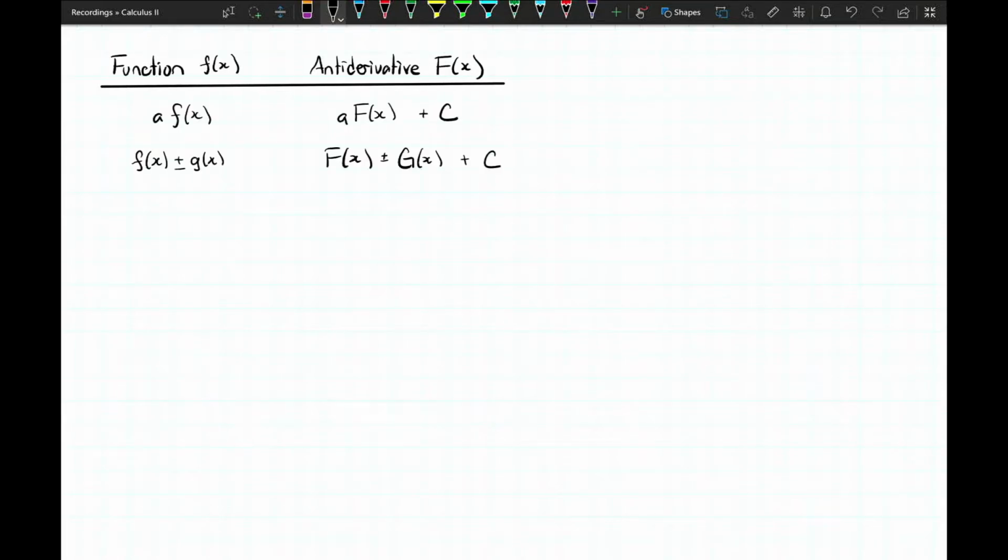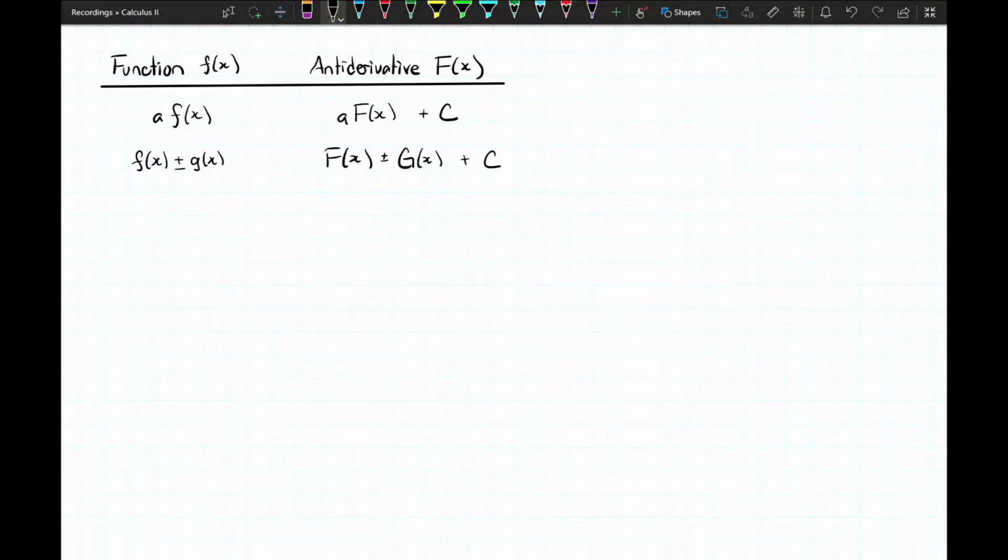So, as might be expected, if we have a constant multiple of a function, its antiderivative would simply be that constant multiple of the antiderivative of f, and then we just make sure we add that plus c after we've found an antiderivative of f. The same thing with addition or subtraction. We just need to find an antiderivative of f and g, and then make sure that we add or subtract those in the same way that we had originally, and add the arbitrary constant c at the end.